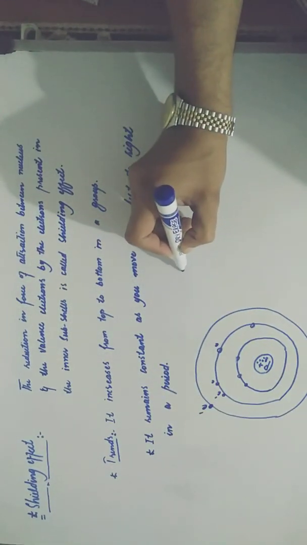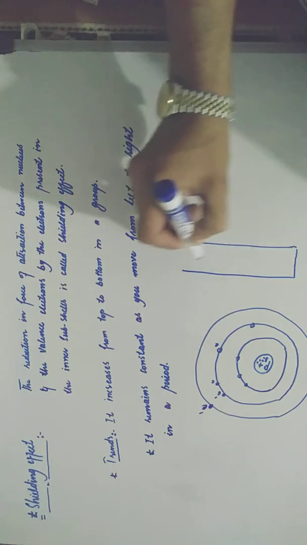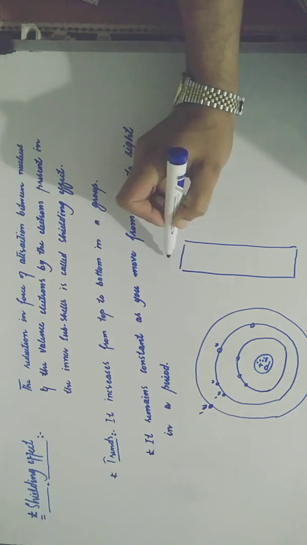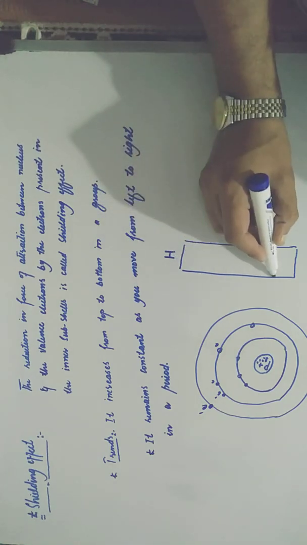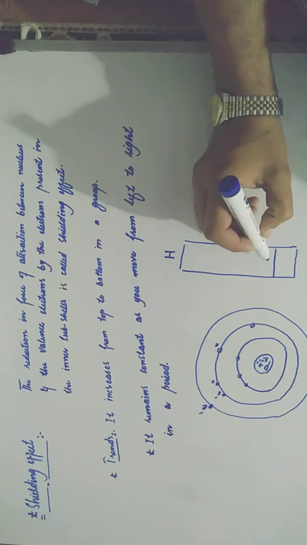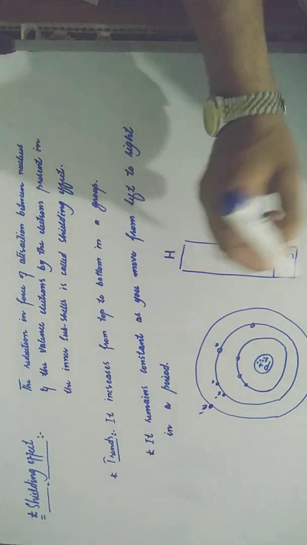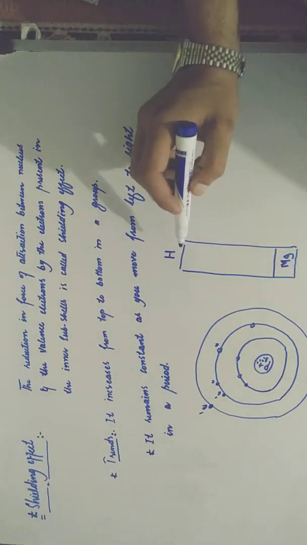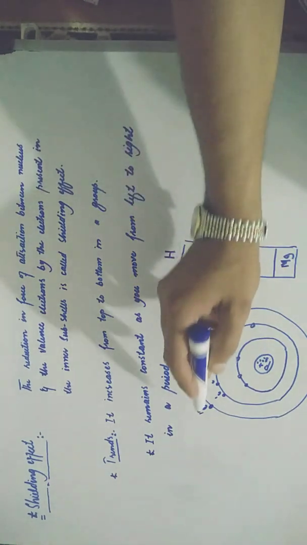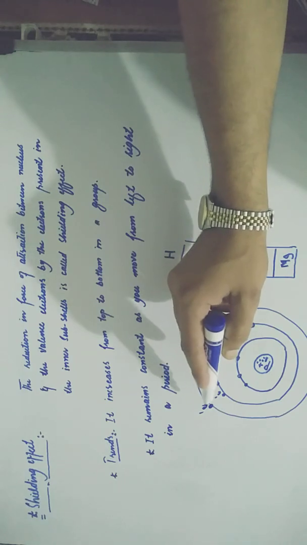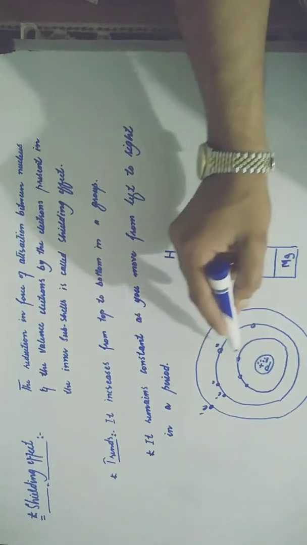If this is the group, you know that hydrogen is on the top of this group, and here you will find another element, let's say magnesium, which is not in this group, but just to make the point clear, the positively charged nucleus of hydrogen will attract its outermost valence electron, but it will be shielded by these electrons, repelled by these electrons.